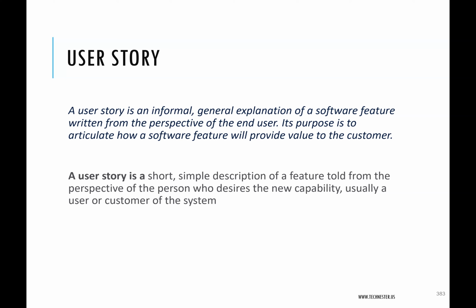Now, let me put a caveat here, a clause that moves away from this typical definition. There are user stories that we call technical user stories. I will talk about that later.